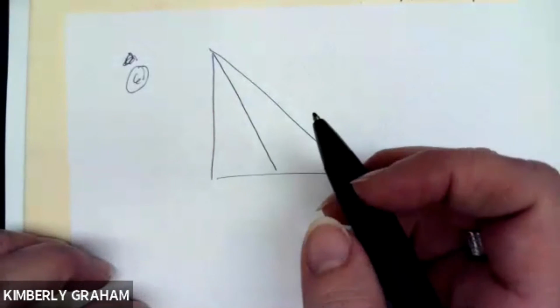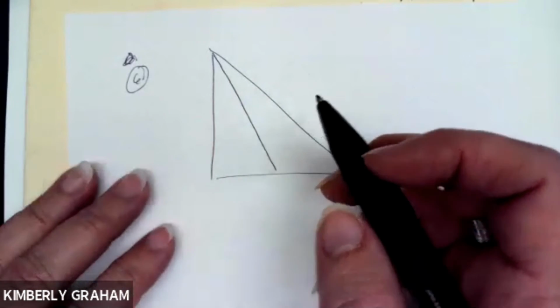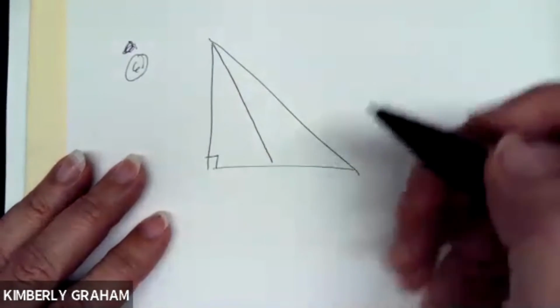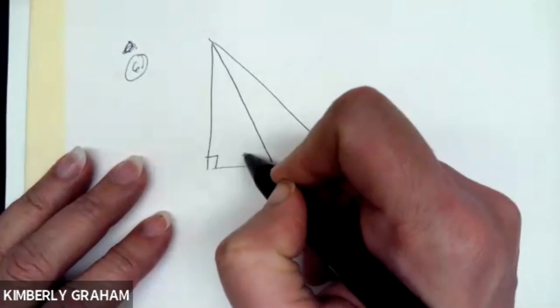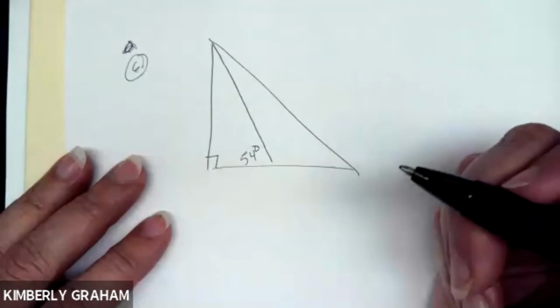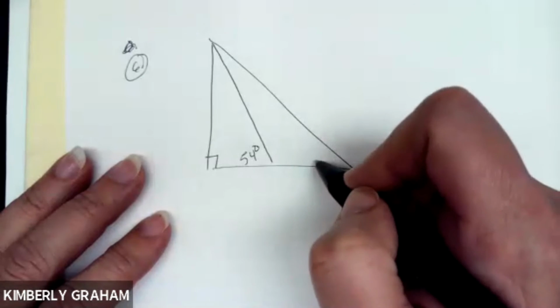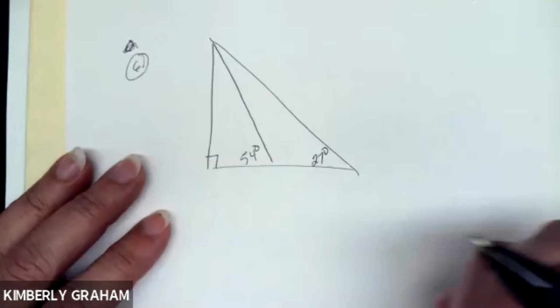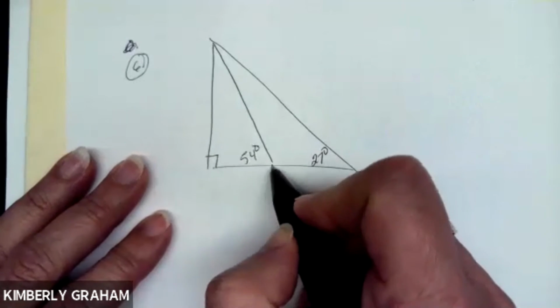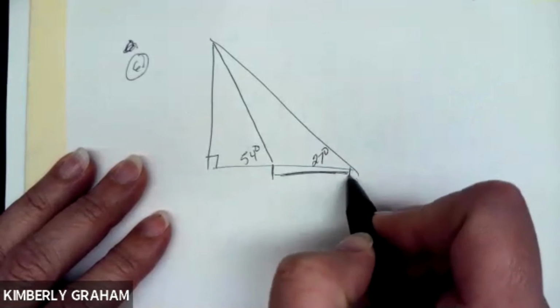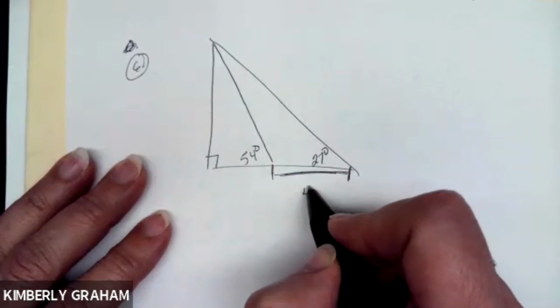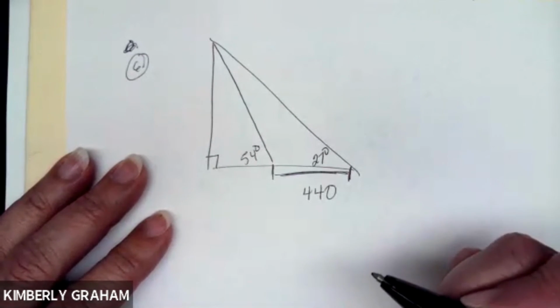Let's see, what am I told here? I'm told that this is my right triangle. This is 54 degrees, and this angle is 27 degrees. And I know that this length right in here is 440.